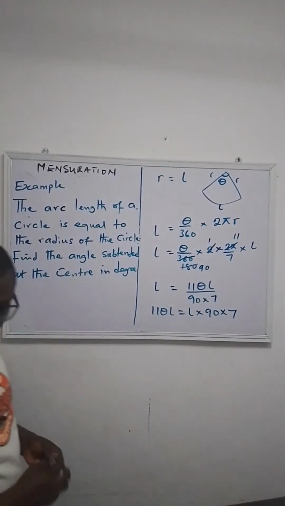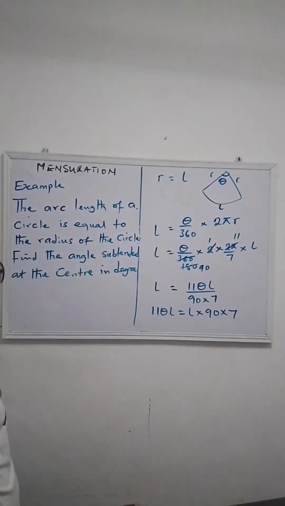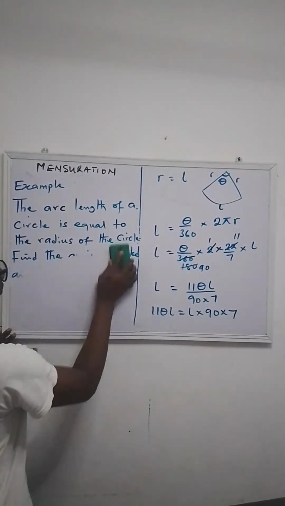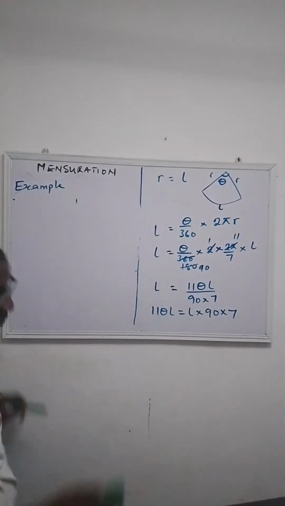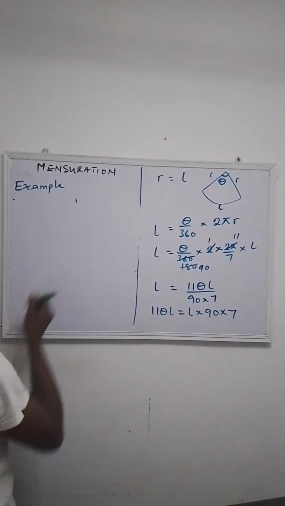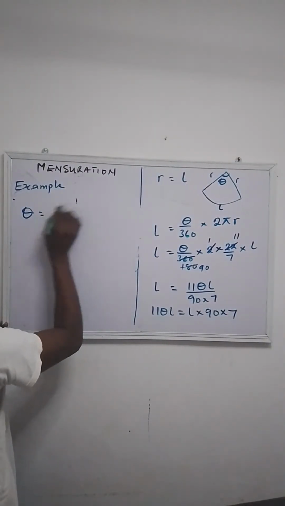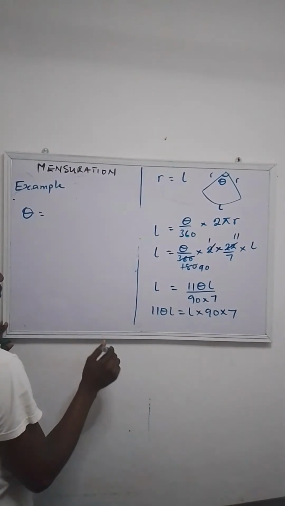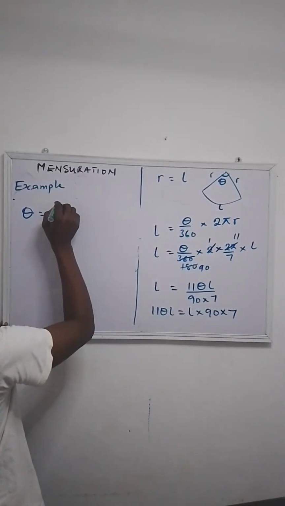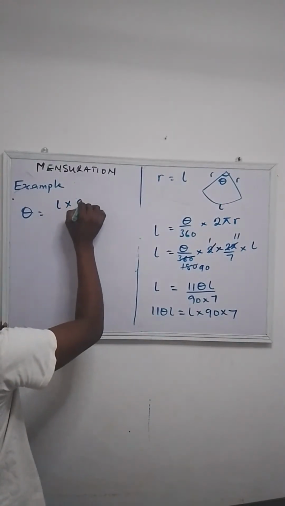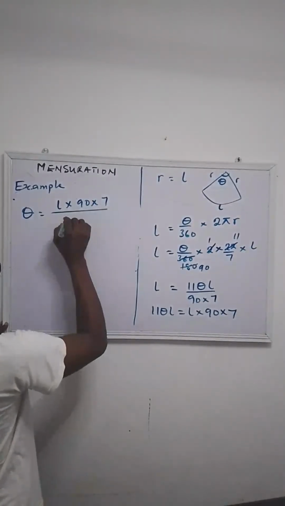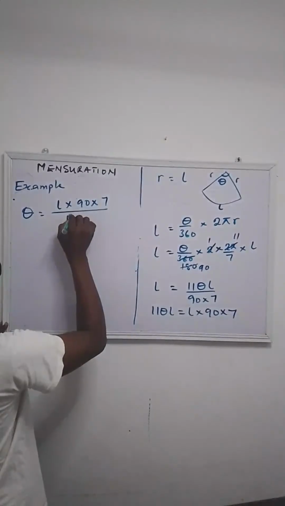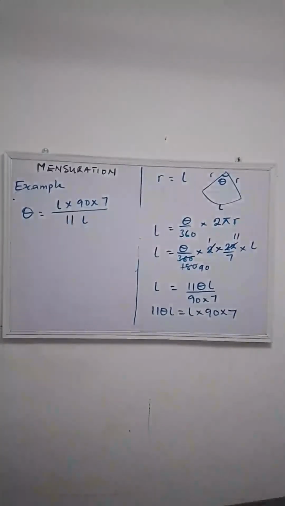So what do we have next? We have theta, because we're actually looking for theta. Theta equals L times 90 times 7 all over 11 L. Do you get that now?